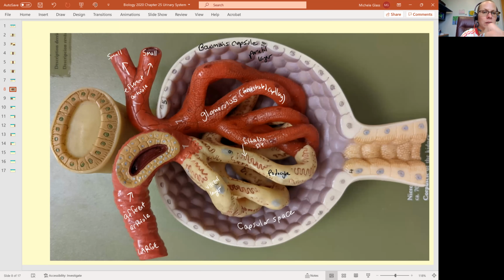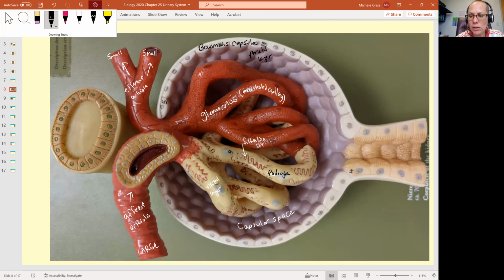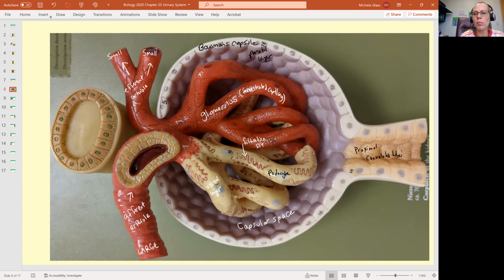We're also able to see here that our fluid is going to move from the capsular space into what we're going to be calling the proximal convoluted tubule. So let's go ahead and label that as this sort of exit, and I'll draw an arrow that way.